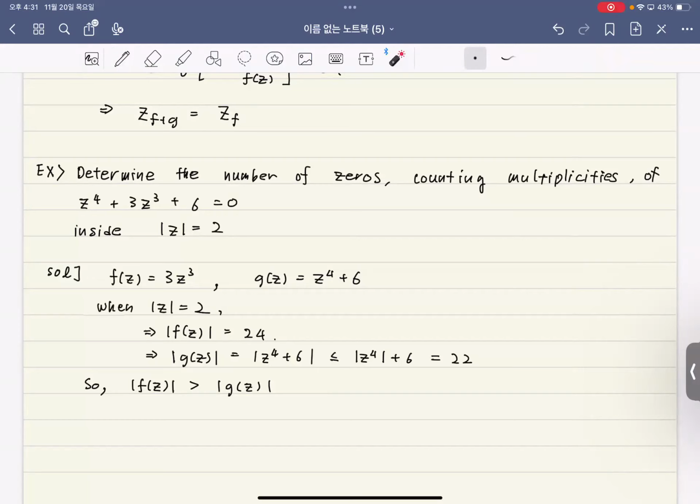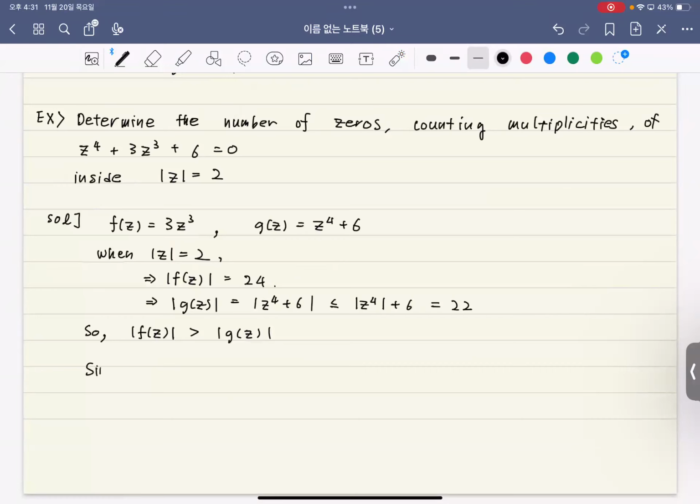Okay, so comparing these two, inside of this circle, I know that this function f has 3 zeros, counting with multiplicities, right? So therefore, f of z plus g of z has the same number of zeros inside of this circle, right? It has 3 zeros.